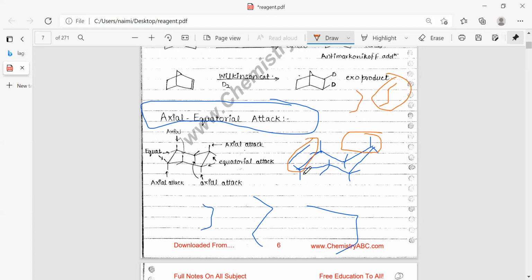And the equatorial will be like that. If you compare from this one, it will look like that, so these bonds are equatorial. So this is the simple understanding of axial and equatorial bonds.